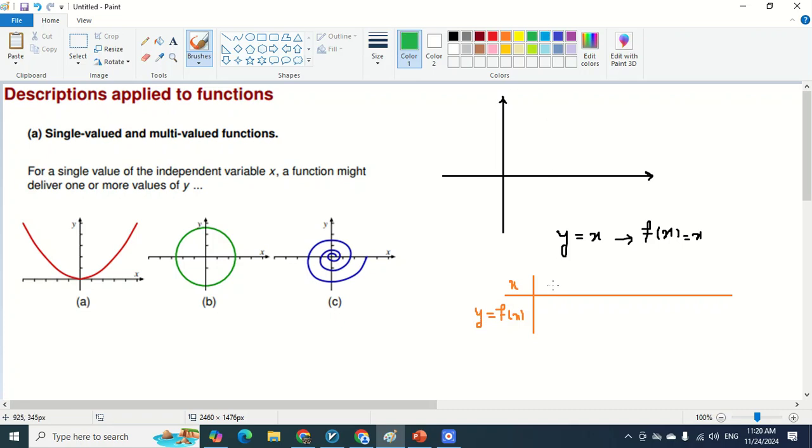For instance, let us put -2, -1 and 0 for x, and then the corresponding value for y, which is the identity function and gives you the same value. That means for x equal to -2, the value for y is -2, for x equal to -1, the value is -1, for 0 we have 0, and so on.